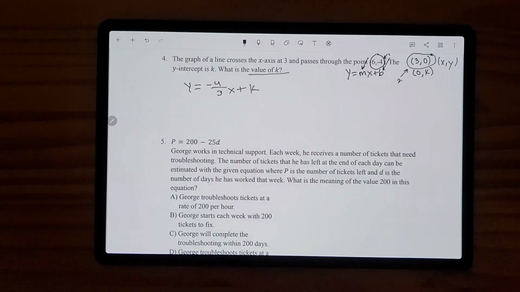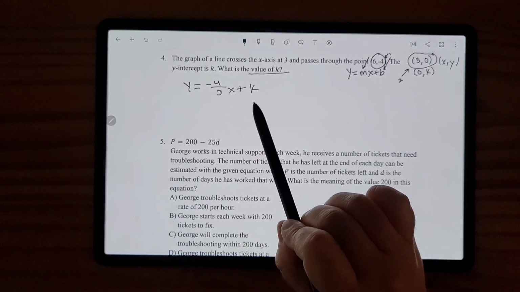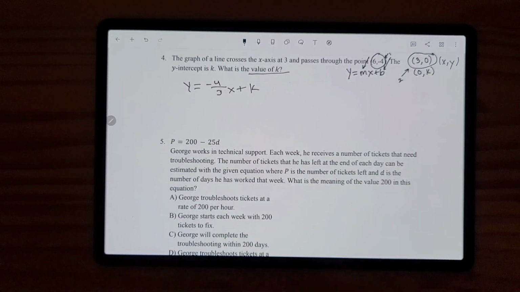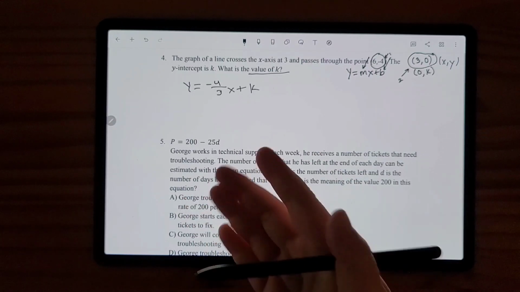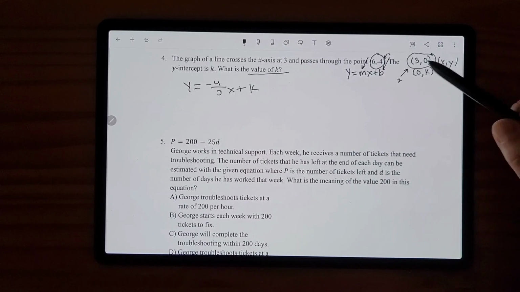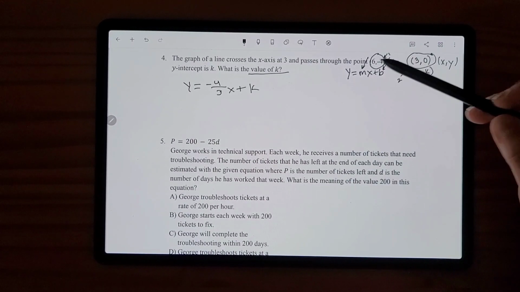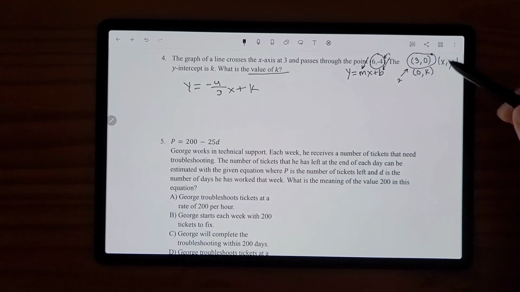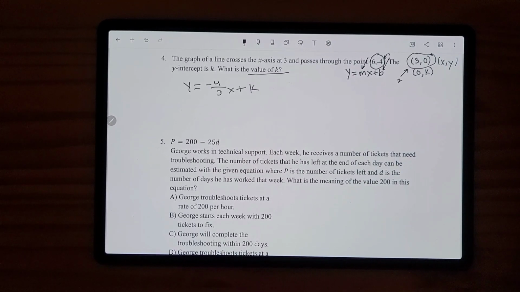So I could just plug in k for now for b, and then I have to remember, hey, that's what I'm solving for. I have to do something else to this equation in order to figure out what k is. Well, they luckily gave us these points, meaning that they gave us potential x's and y's that we could plug into the equation and use to solve for k.